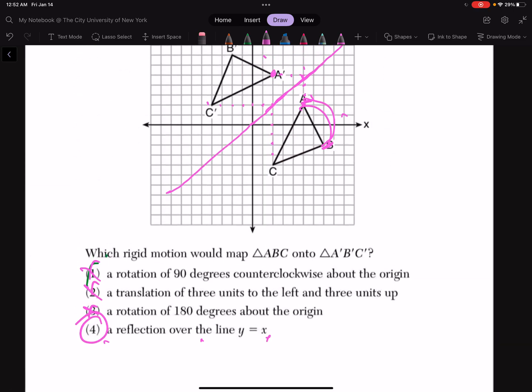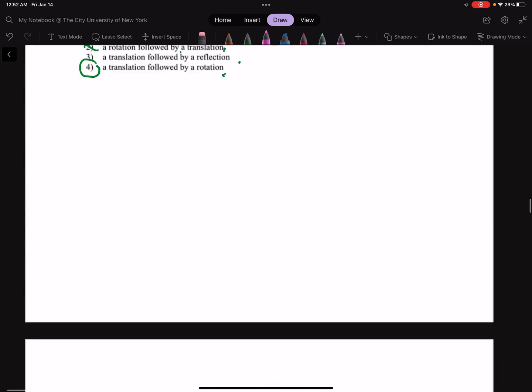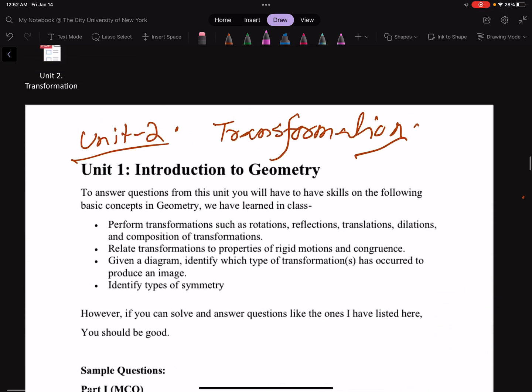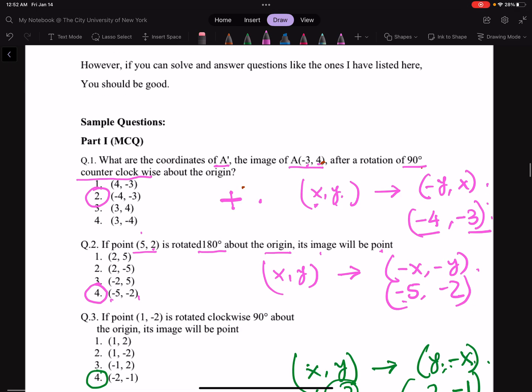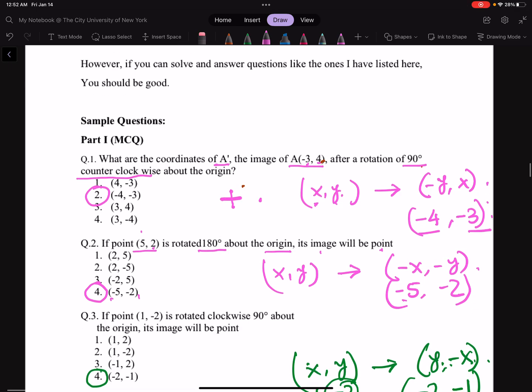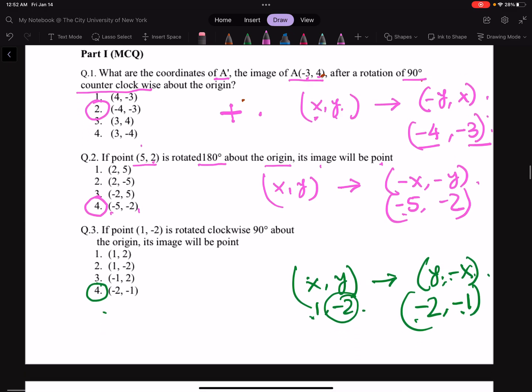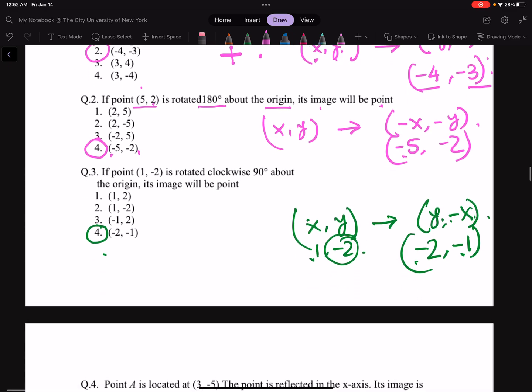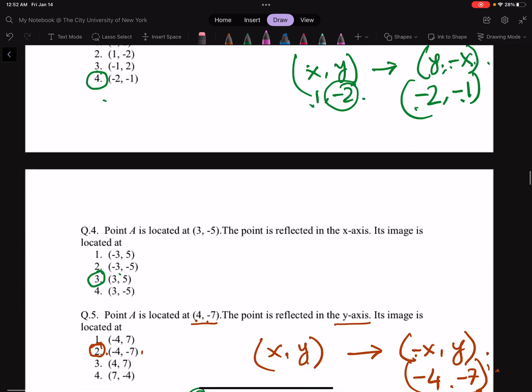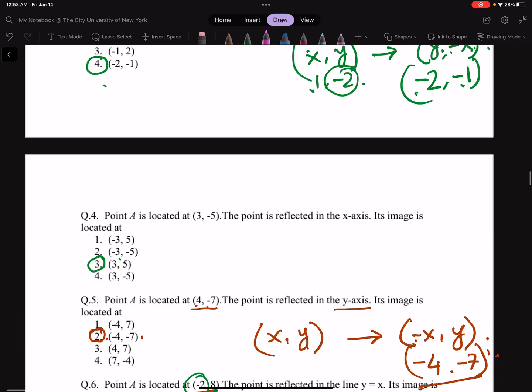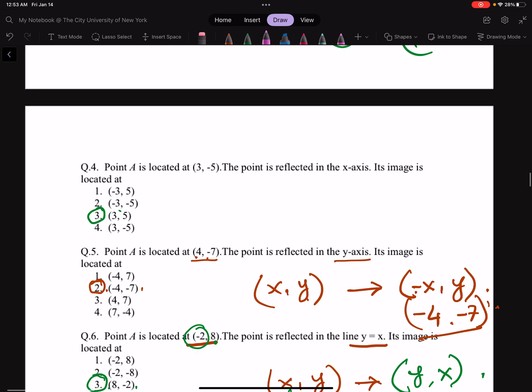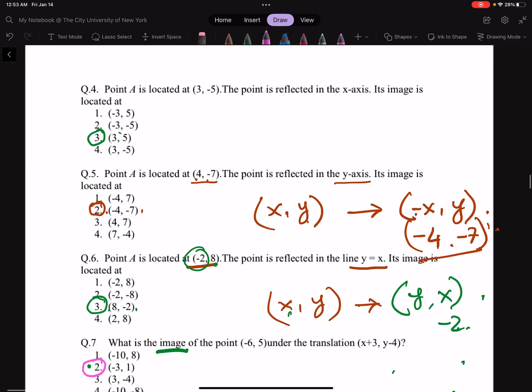Okay. So I would like to repeat the answers again. For number 1, it should be 2. Number 2, it should be 4. Number 3, it should be 4. Number 4, it should be 3. Number 5, it should be 2.